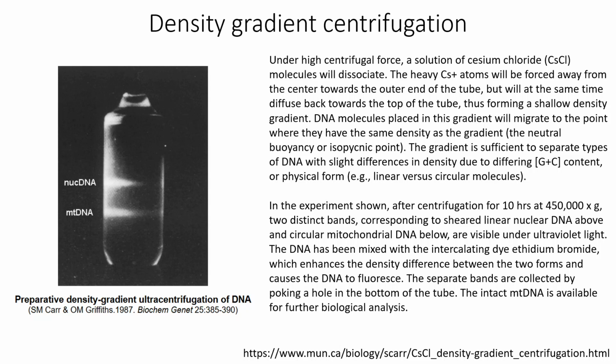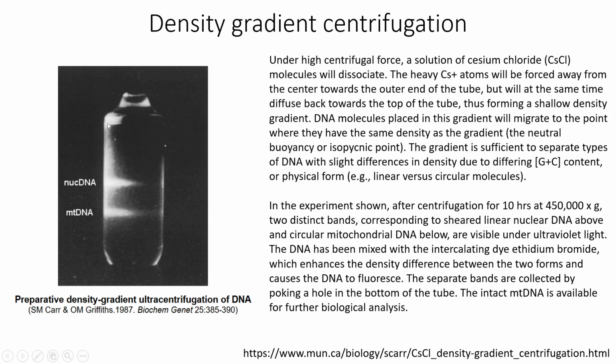A solution of cesium chloride molecules under high centrifugal forces actually dissociate. Then these heavy cesium plus atoms will be forced away from the center and towards the outer end of the tube. But this at the same time diffuses back towards the top of the tube, and this forms a density gradient. The DNA molecules that are placed in this gradient, you will essentially layer it on from the top here.